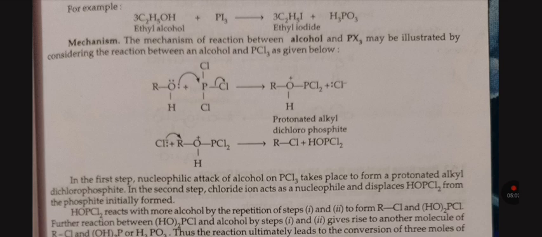Then the Cl negative will attack on R, and we will get RCl plus HOPCl2. In the first step, nucleophilic attack of alcohol on PCl3 takes place to form a protonated alkyl dichlorophosphate. In the second step, chloride ion acts as a nucleophile and displaces HOPCl2 from the phosphite initially formed.